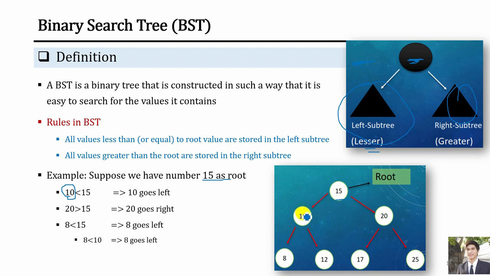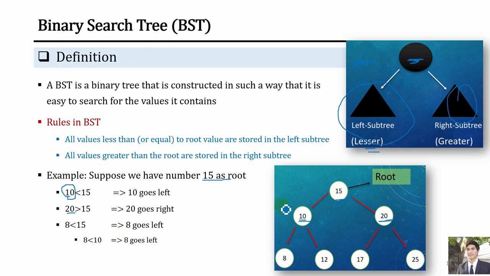So our data here is put on the left. And next we want to insert 20. In which way will it go? It will go right, because 20 is more than 15, right? So it becomes here on the right, and so on and so forth. Our data can be inserted in this way, based on the rule.